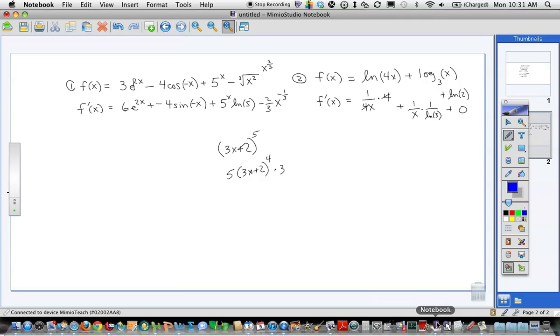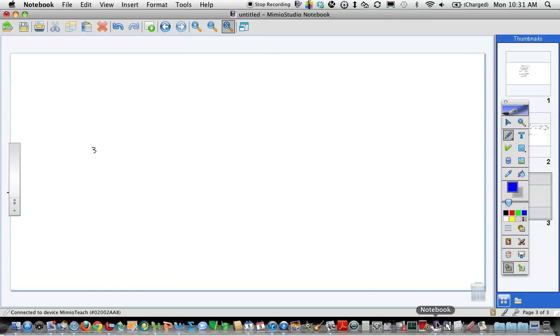Okay? Now, for time, we're not going to do quite as difficult of an antiderivative one here. But let's do this. So we'll start here with f prime, and I'll put up who put what answers for that.